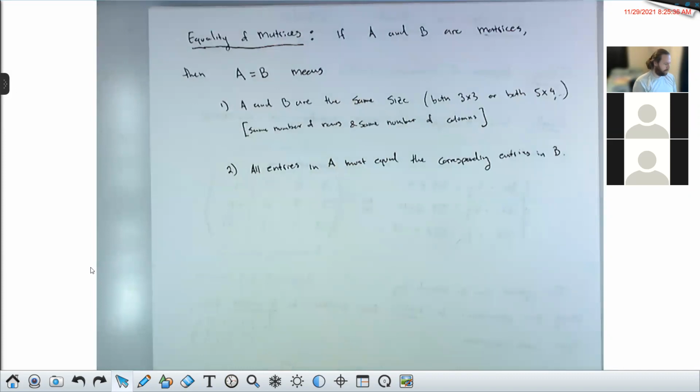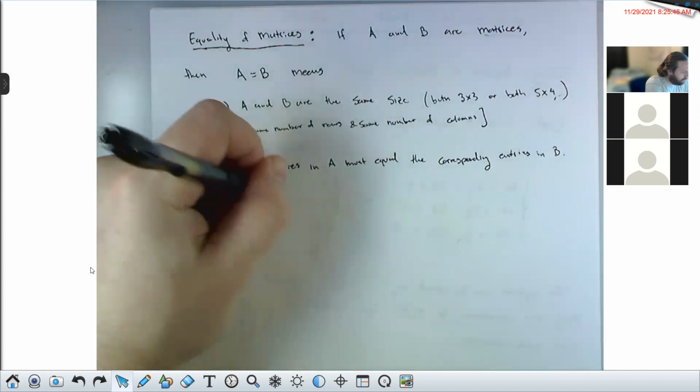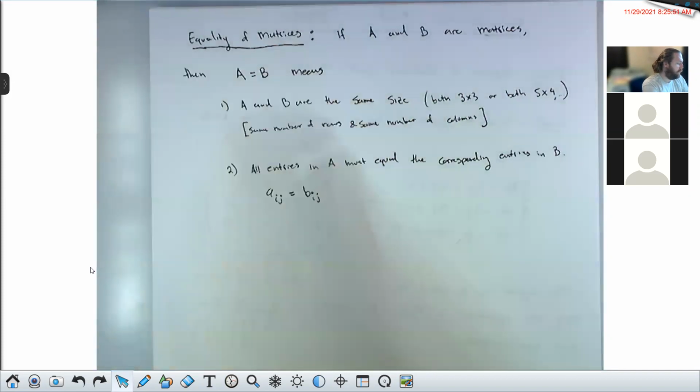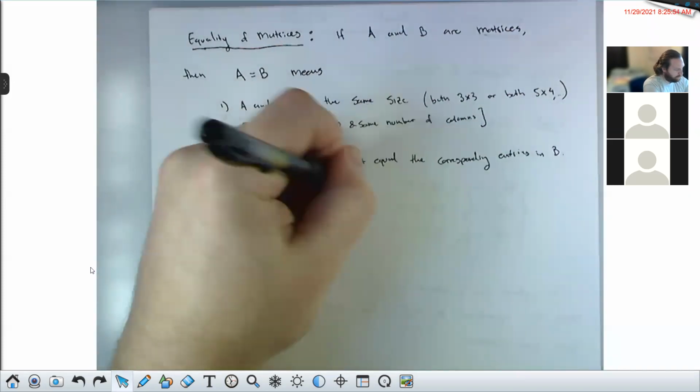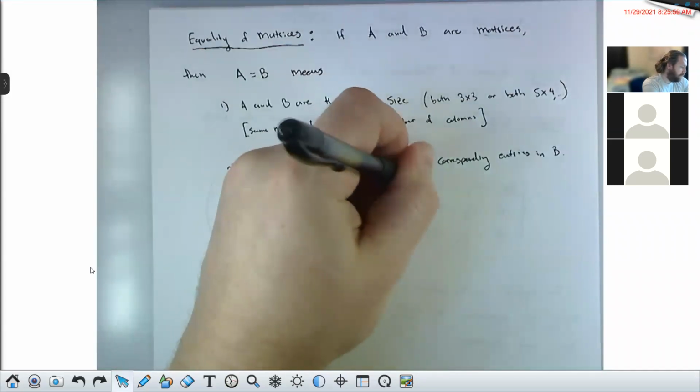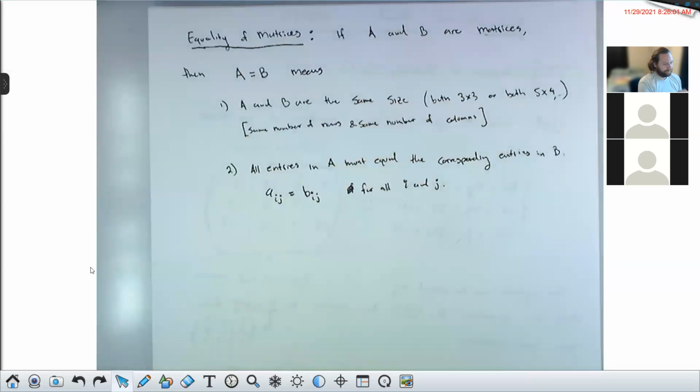And in that notation, which we introduced on Wednesday of last week, where the entries of A are Aij, and the entries of B are Bij, this would mean that Aij is equal to Bij for all i and j. So this is what it means for two matrices to be equal. They're the same size and the entries match up. In other words, you set the matrices down on top of each other and everything lines up.